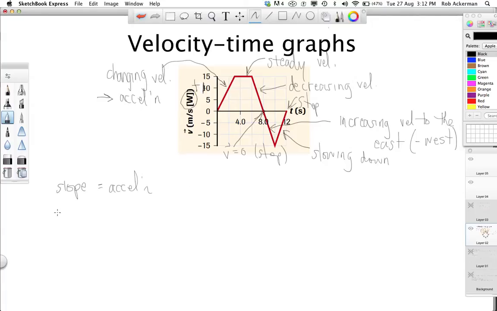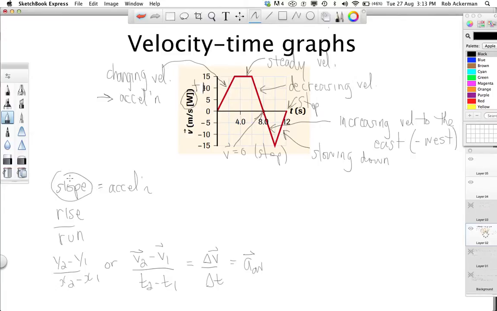Because if slope, like we said, is rise over run, or if you prefer y2 minus y1 over x2 minus x1, or since the y values are really velocities, so that's v2 minus v1, and since the x's are really times, t2 minus t1, you should recognize this v2 minus v1, that's delta v, t2 minus t1, that's delta t. Hey, this is the definition of average acceleration. So the slope is, in fact, the acceleration.